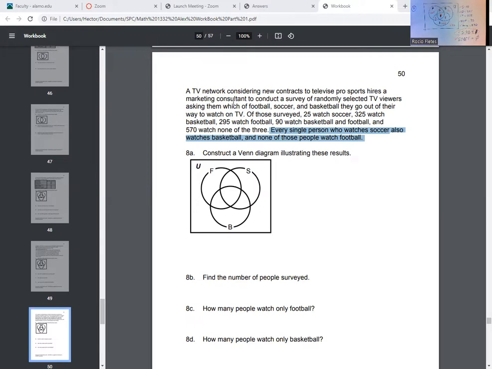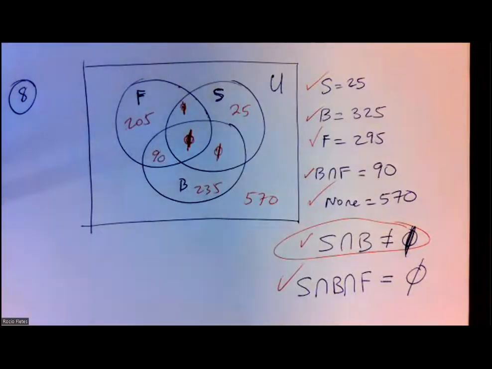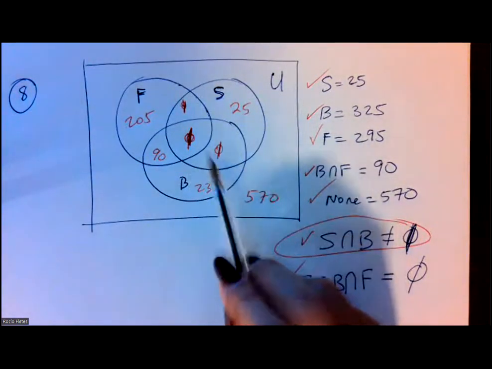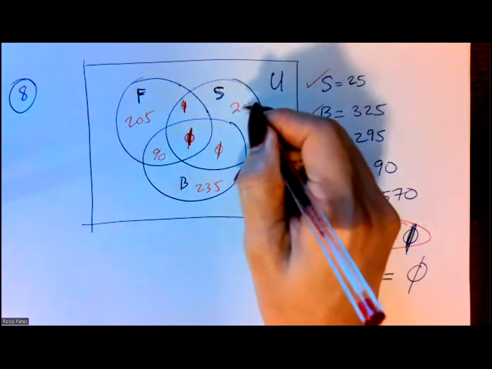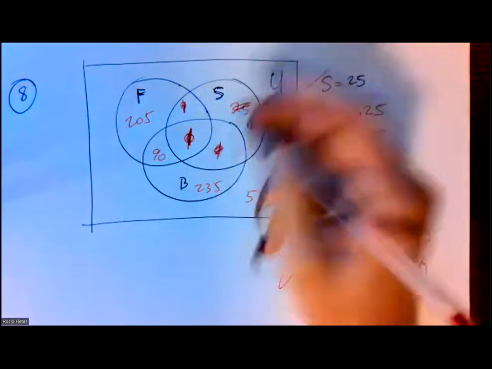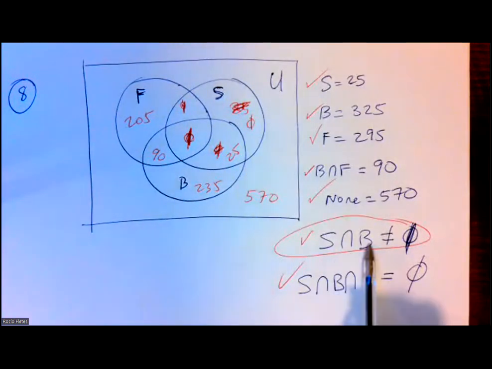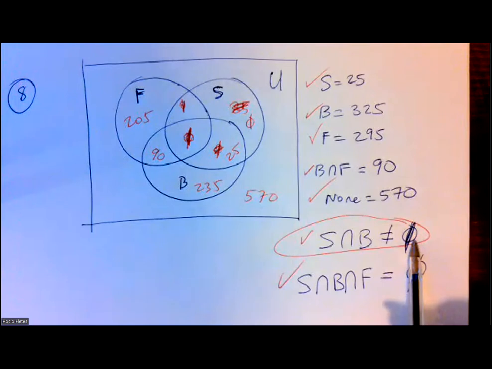So I see where the mistake is. Let me go back. S and B are not empty, which means that this S here has to be in S and B. And this is empty, but this is not. The 25 has to go here, not there, because we know S and B are not empty.